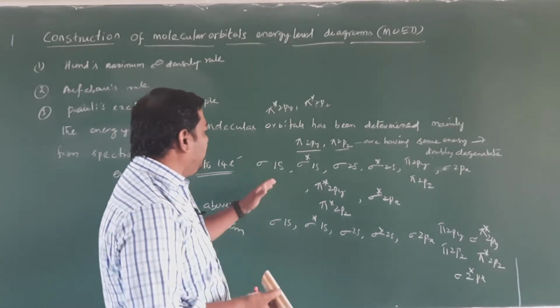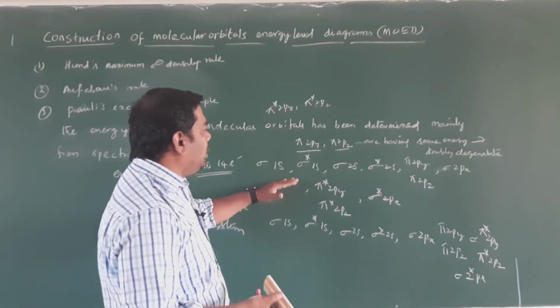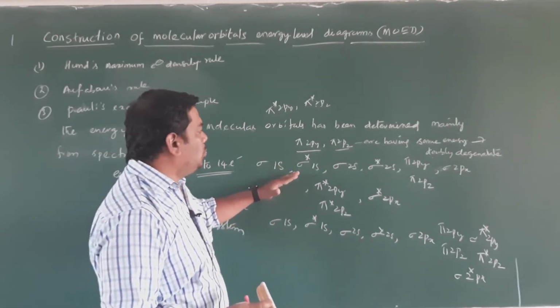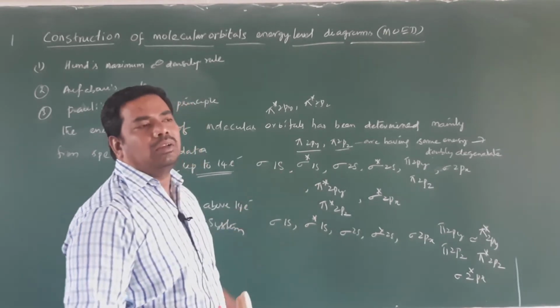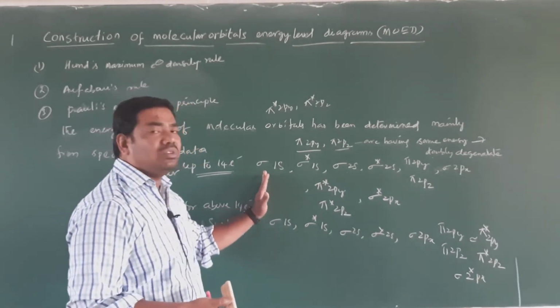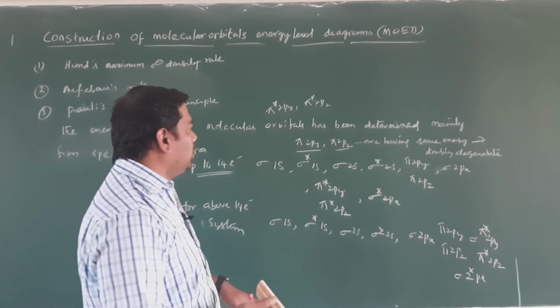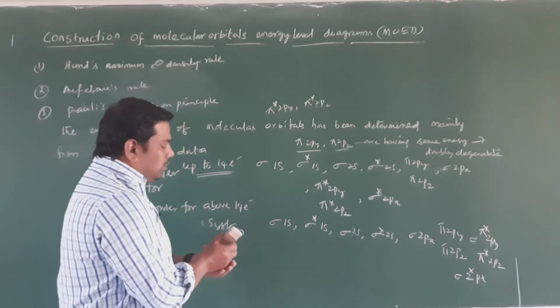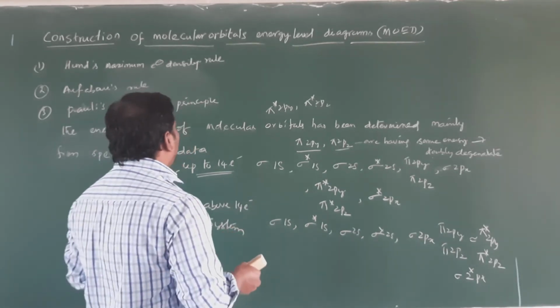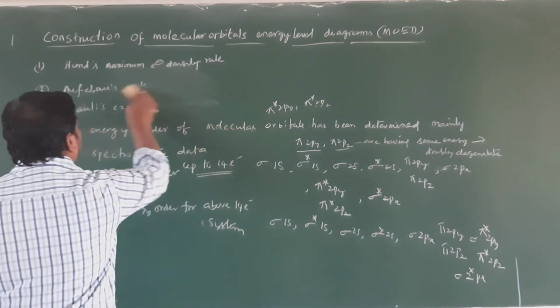Keep this energy order in mind, and it is very easy to construct the molecular orbital energy level diagrams of various diatomic molecules. After this energy order, how do we calculate the bond order?